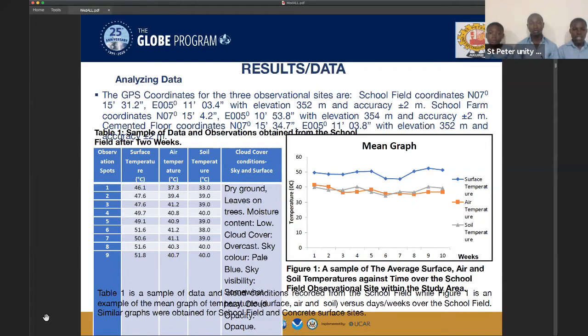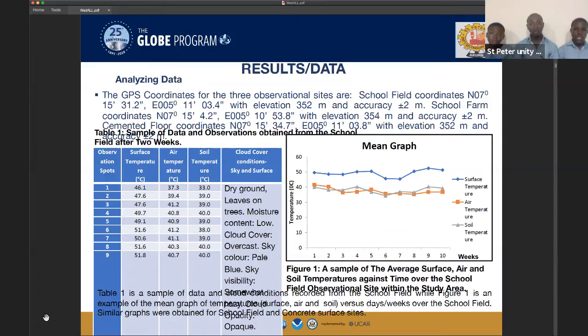Figure 1 is a sample of the mean surface air and soil temperature in the school field observational site. As you can see, in week 1, the trend of the surface air and soil temperature had a low decrease, while in week 3 and week 4, there was a slight decrease in the surface air and soil temperature.